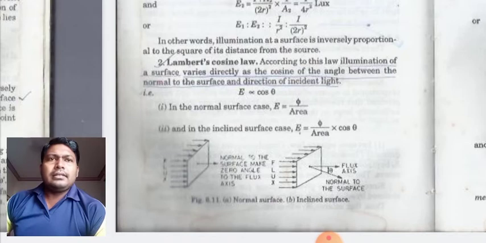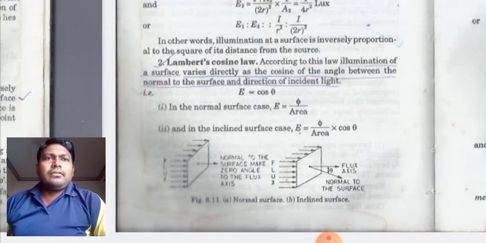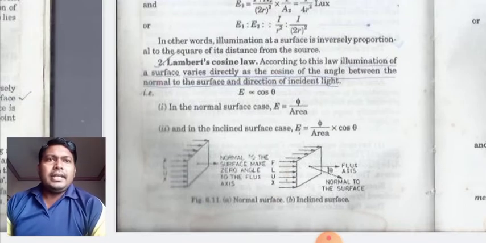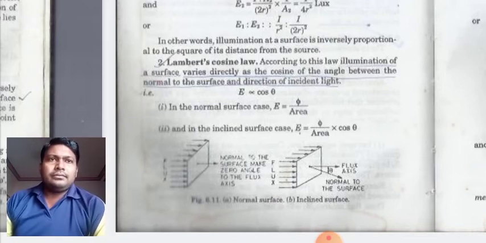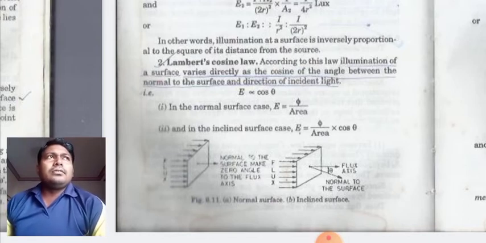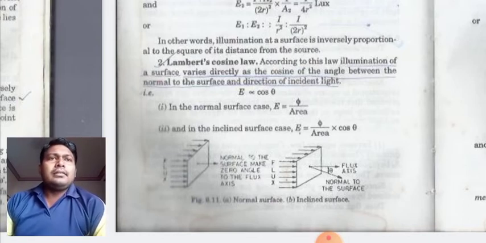Students, there is a figure given on your screen. You can see when the flux or the light source is normal, there is zero angle to the flux axis, and when it subtends an angle, there is an angle theta between the flux axis and the normal to the surface. So we can put the factor cos theta and multiply it with phi divided by area, right?